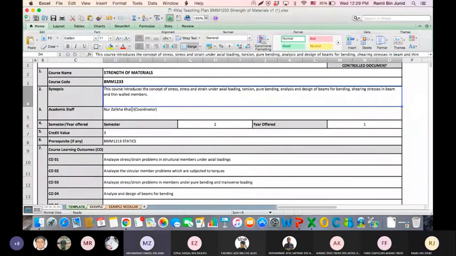Sir, are you presenting a slide right now? No, the Excel. Oh, because nothing shows in the slide. The screen shows nothing. Everyone has the same experience.